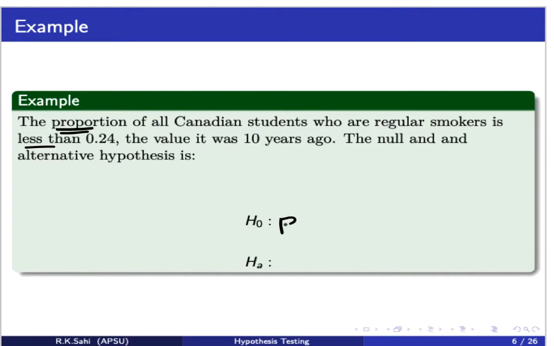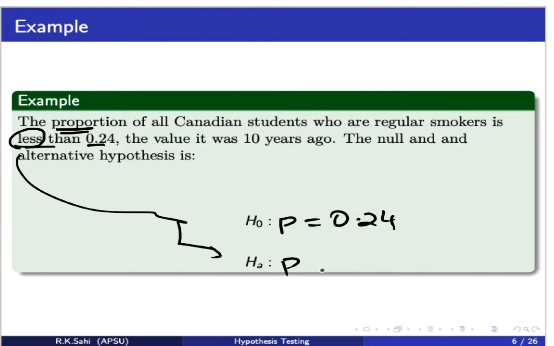That means we will have P in the null equal to, and in the alternative we will have P at this point. Now we have to decide what the numerical value is. It says the proportion of these Canadian students who are regular smokers is less than 0.24. That's the value we're looking at, 0.24. So the null is P equals 0.24, and the alternative hypothesis is P is less than 0.24.